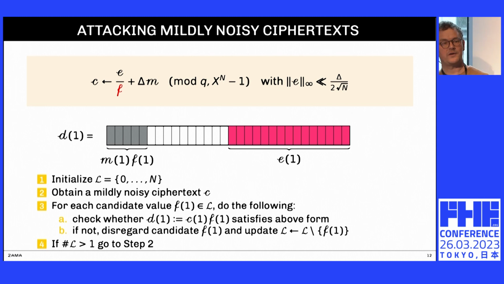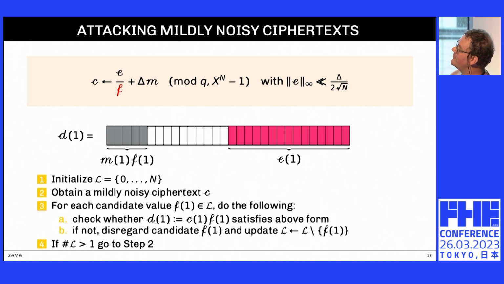Then assume that you are given some mildly noisy ciphertext C. So it means that the ciphertext should be like this. And what you can do is check that all those bits are clean. So in particular, a combination like 0, 1, and 1, 0 for those 2 bits here is not possible. Okay, because you should only see zeros or 1.